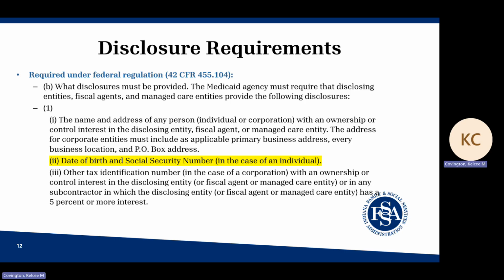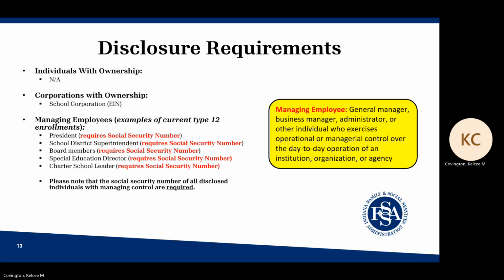Although school corporations are not owned by a single or group of individuals, the Medicaid agency is required to collect the names, address, birthday, and social security number of board members, managing individuals, or anyone with controlling interest. If this information is not provided, the application will not be processed to completion. For schools, you will not list individuals with ownership interest.